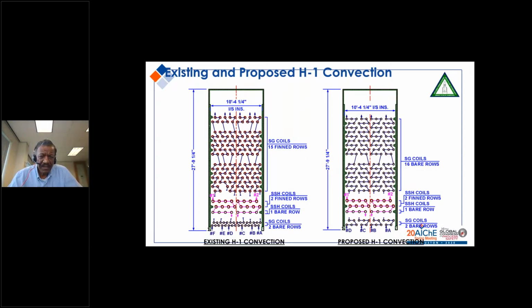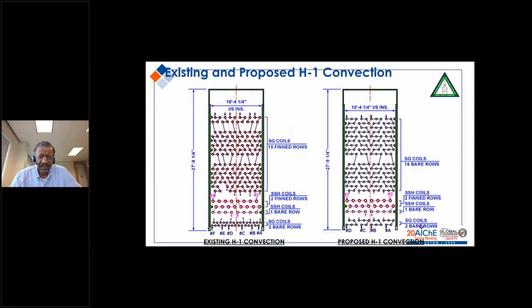This is still not the final design which we are showing you, but this is the existing convection section. This is the proposed convection section. And you see we made the change in the bottom. We spread these tubes out. That's basically what we did. We did not change the steam superheater coil.